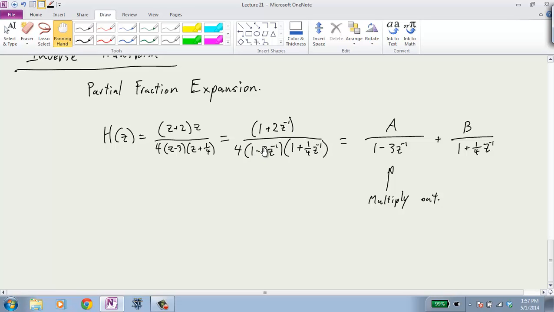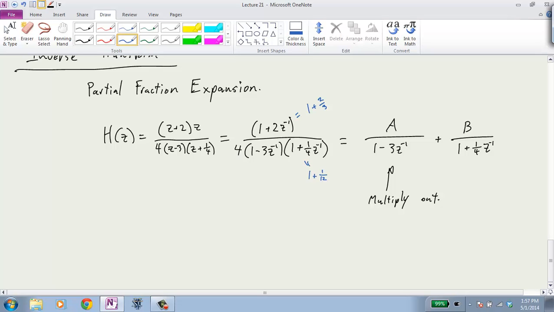So the top becomes, pretend my hand's there, but you can't see it, 1 plus 2/3. And this becomes 1 plus 1/12.